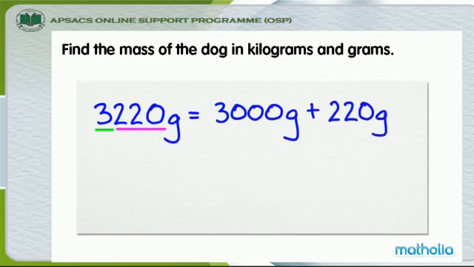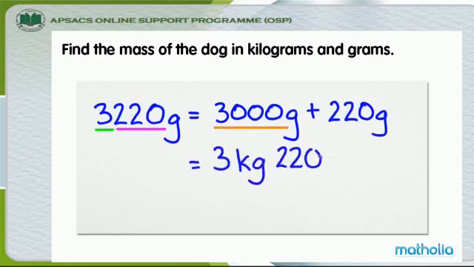We know that 1,000 grams is equal to 1 kilogram, so 3,000 grams is equal to 3 kilograms. So 3,000 grams plus 220 grams equals 3 kilograms 220 grams. The mass of the dog is 3 kilograms 220 grams.